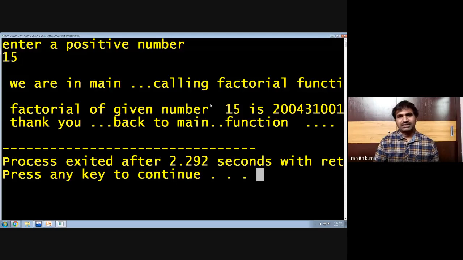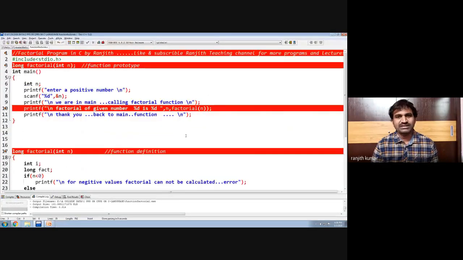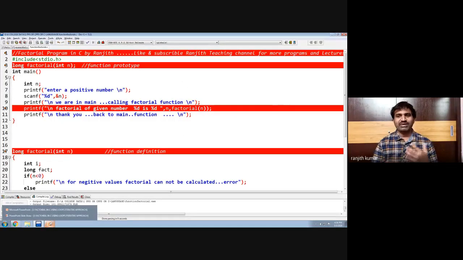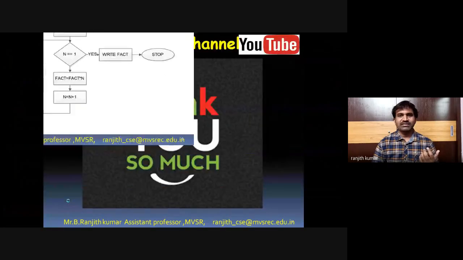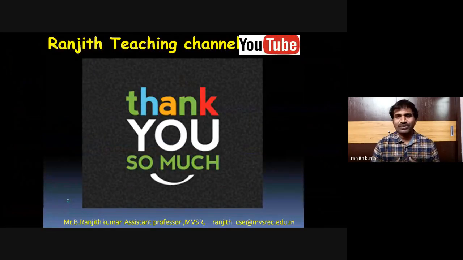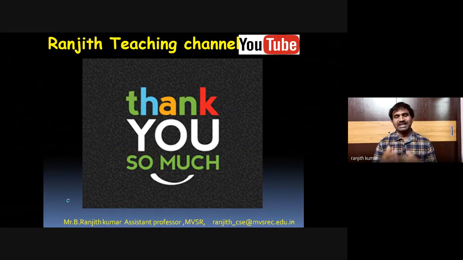Are we clear, everybody? So this is the program for factorial of a given number using functions. In the next class, we will learn factorial of a given number using recursive logic. In this program we used iterative logic; in the next program, we will approach recursive logic.